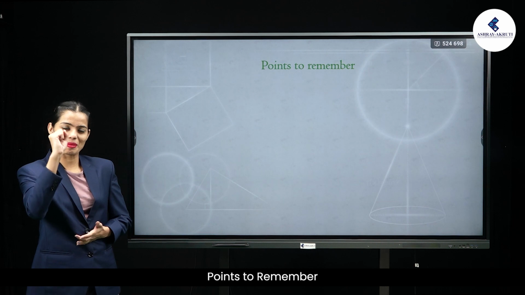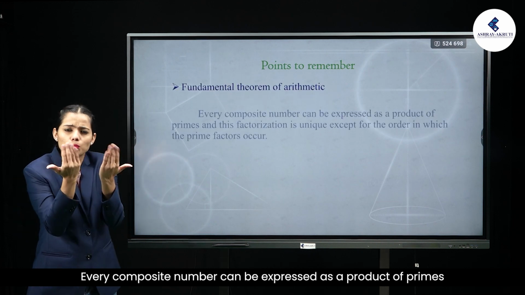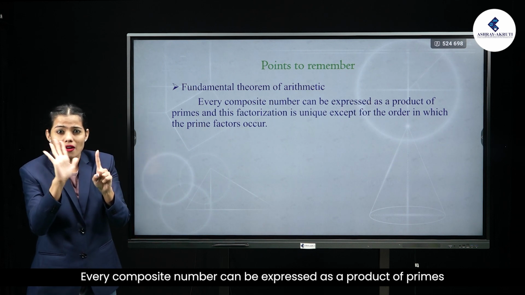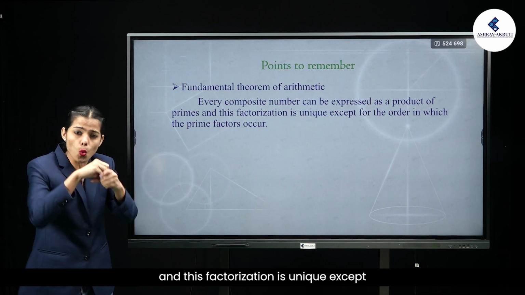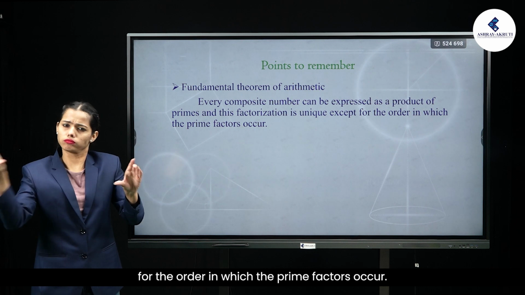Points to remember. Fundamental Theorem of Arithmetic: every composite number can be expressed as a product of primes, and this factorization is unique except for the order in which the prime factors occur.